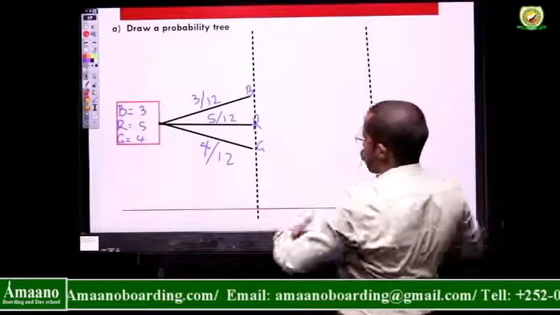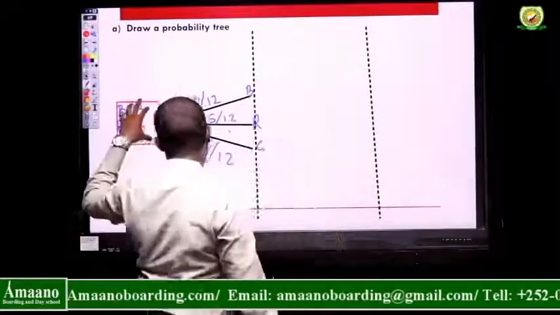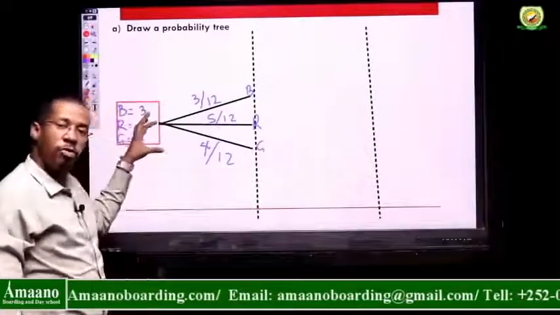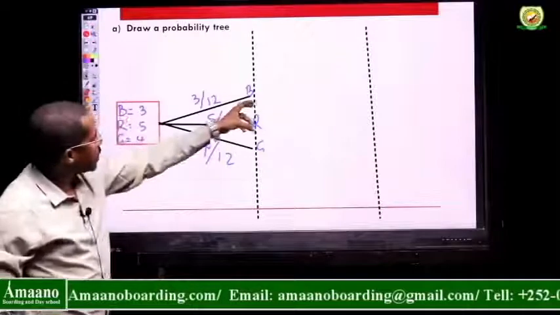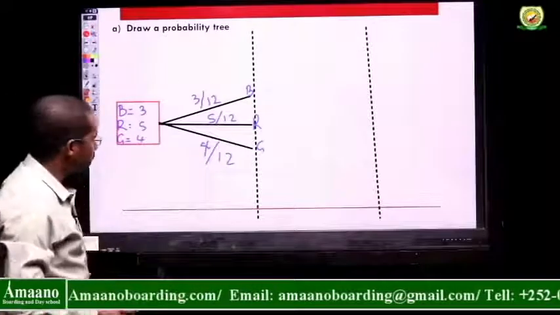In the second draw, when he's drawing the second time, the total number of marbles has not changed, because after taking the first time, he replaces. So the total will not change. The numbers do not change.